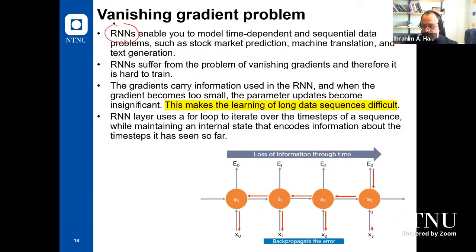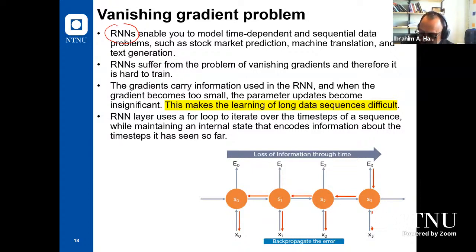If you want to memorize long dependencies, we cannot use RNN in fact, and it's better to use maybe LSTM. The gradient carries information used in RNN, and when the gradient becomes too small, the parameter updates become insignificant. So we will not be able to train the model, and this makes the learning of long data sequences difficult.